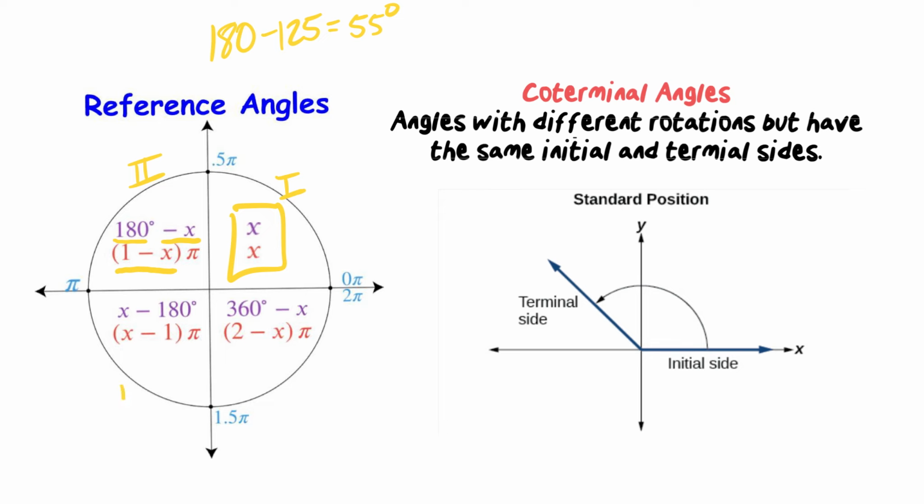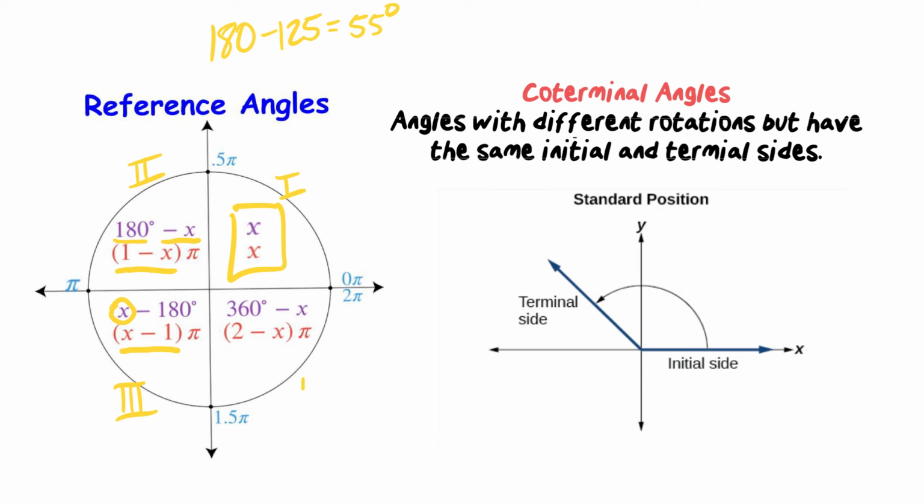If we fall in the third quadrant, we will take the angle measurement for degrees and subtract 180. Remember, in the second quadrant it was 180 minus the angle. This one is the angle minus 180. And the same thing with the radian measurements: we will take the angle measurement and subtract 1, and then tack the pi back on to that.